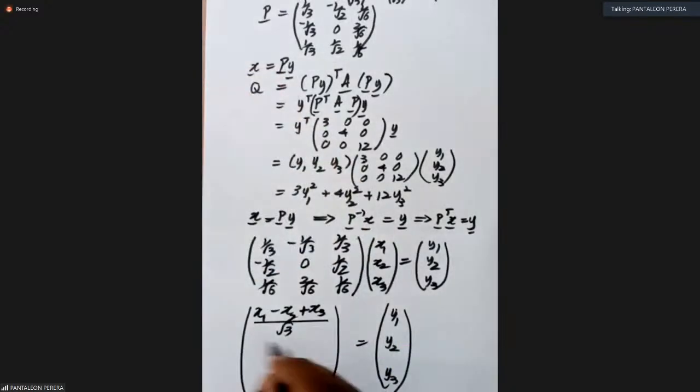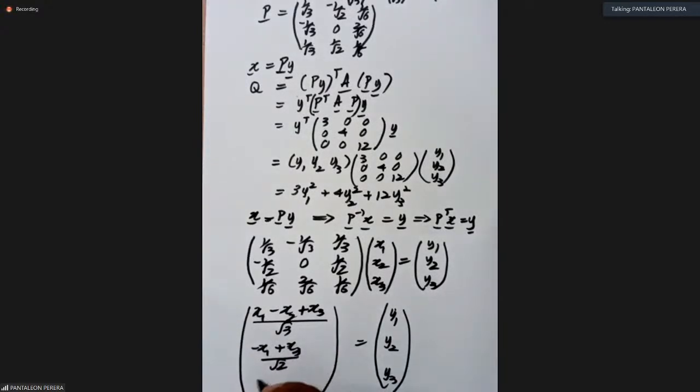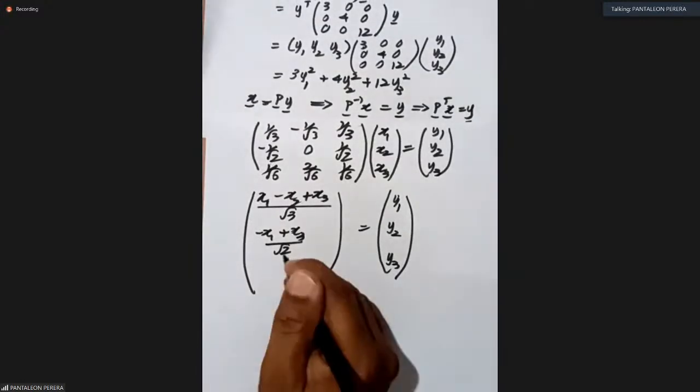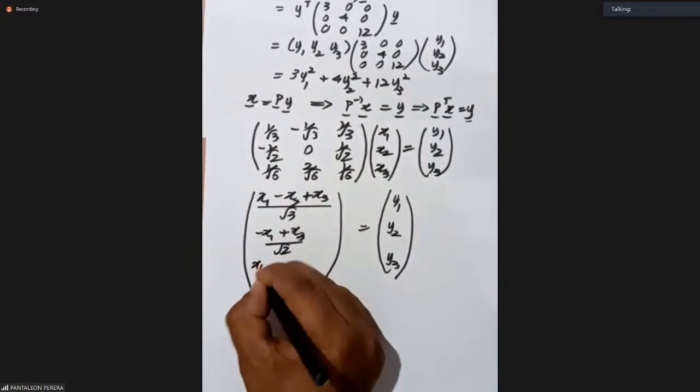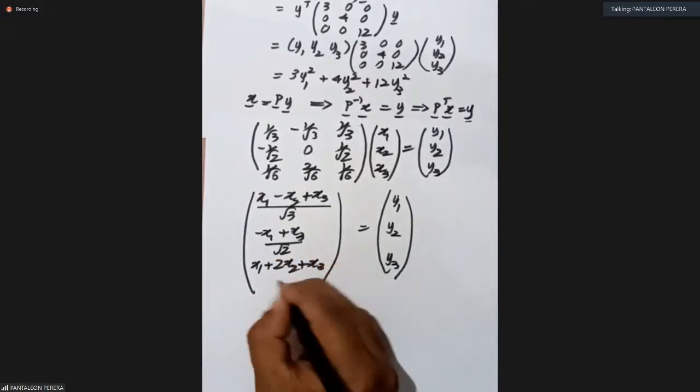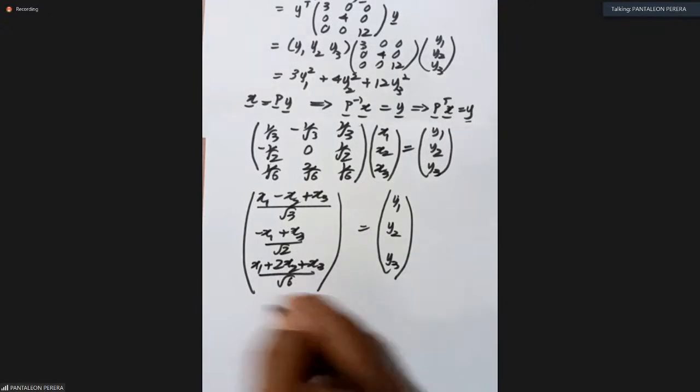When you multiply it with this one, minus x1 plus x3 divided by square root 2. The last one is x1 plus 2x2 plus x3 divided by the square root of 6.